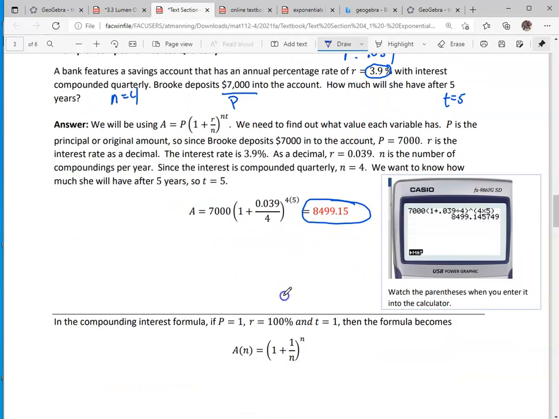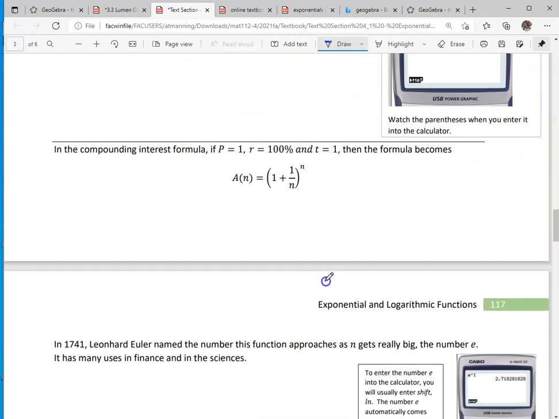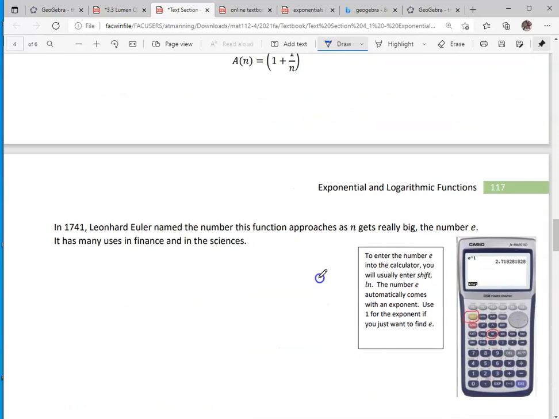Now they give you another formula. The formula becomes compounding interest, where R, that's the rate, is 100%. Well, that means I'm adding that much every n times per year. It becomes a simpler formula when I'm compounding interest. We come across a very special number as n gets really big, like as it approaches infinity.